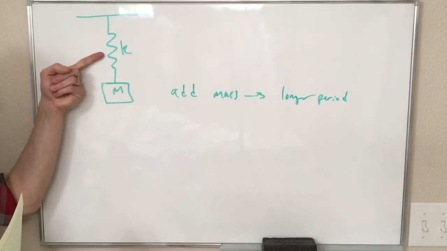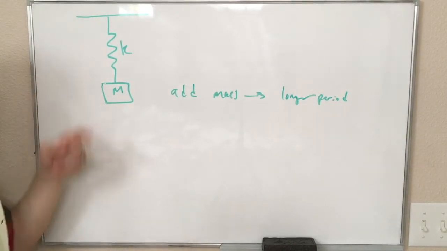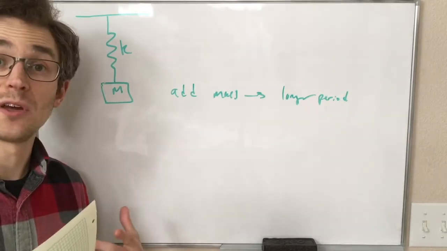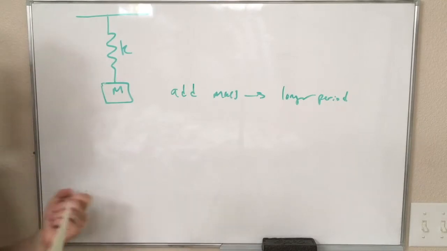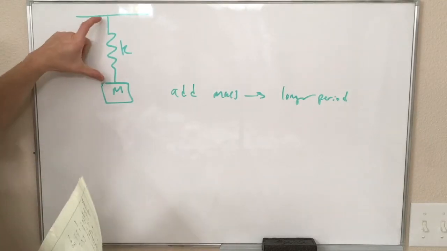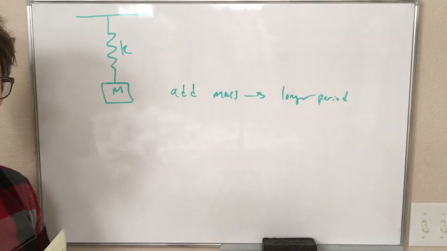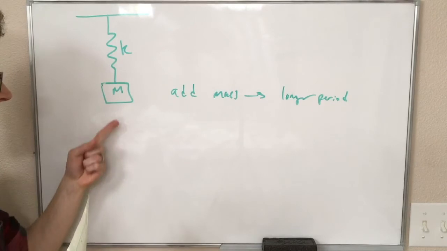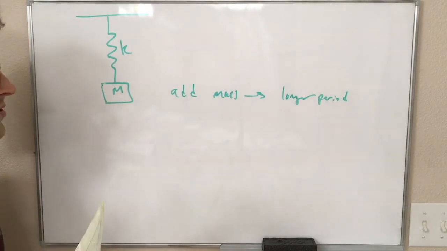We can also make this spring stiffer or softer by replacing it with a spring with a different spring constant. When we do that, we also change its oscillation. So if we replace this with a stiffer spring, one that gives us a bigger amount of force, it is able to accelerate this mass more easily because it is giving out more force.